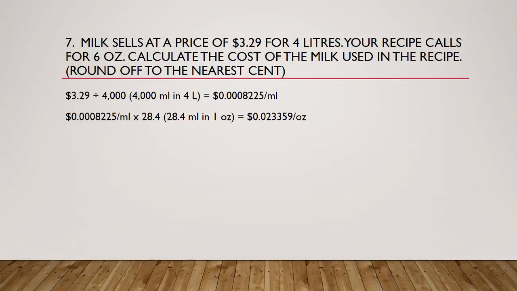That'll give me the cost of an ounce. And when I multiply that, you can see that now I have my cost per ounce. My recipe calls for 6 ounces. I'm going to multiply this by the 6 ounces that I'm looking for, and when I round it off to the nearest cent, my cost for 6 ounces of milk ends up being 14 cents.